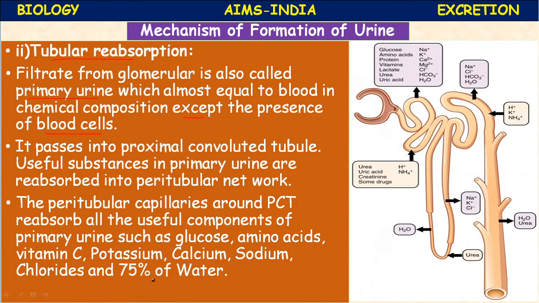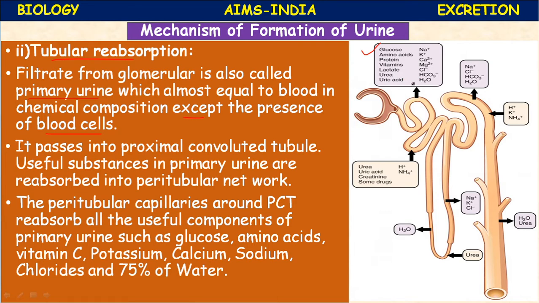So here in this image, this diagram is not found even in your textbook. Only observe this part, the proximal convoluted tubule. This is the distal convoluted tubule and loop of Henle. Reabsorption takes place in all portions. Here glucose, sodium Na+, amino acids, proteins, vitamins, lactate, urea, uric acid.